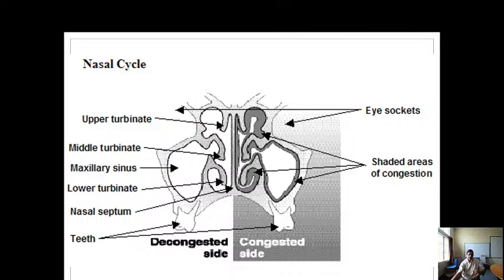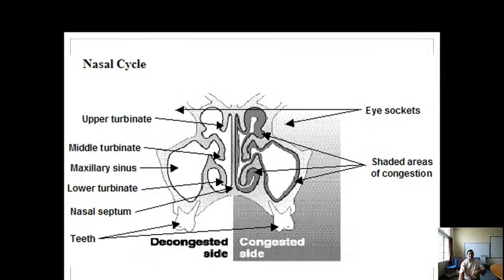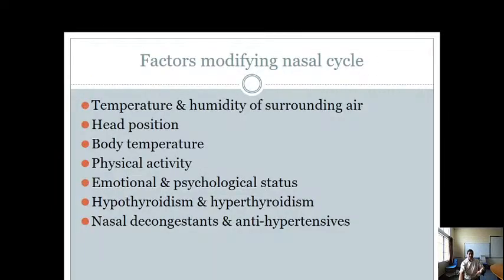During the blockage, these are the things that happen, whereas the other nasal cavity is promptly working with full efficiency. So that is as far as the nasal cycle is concerned and its significance.